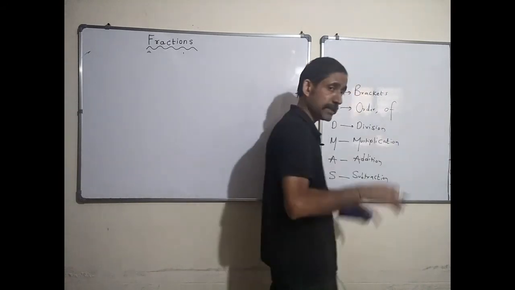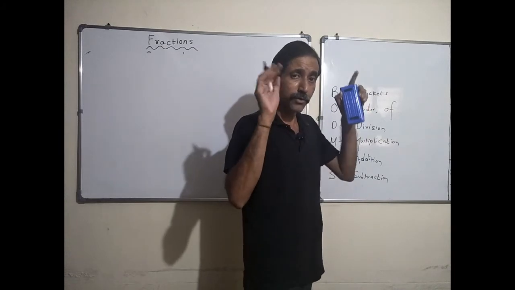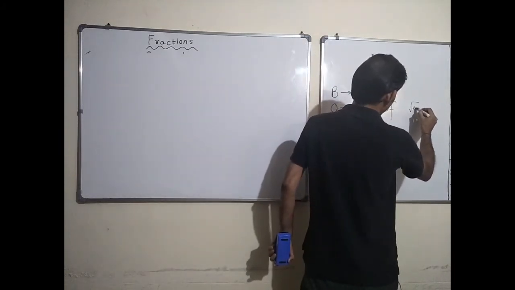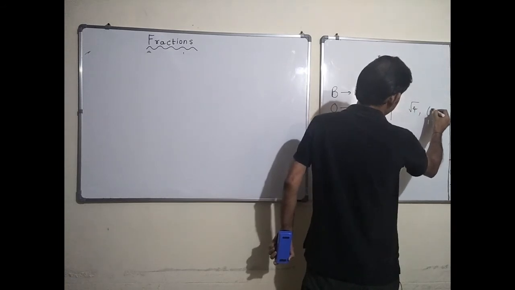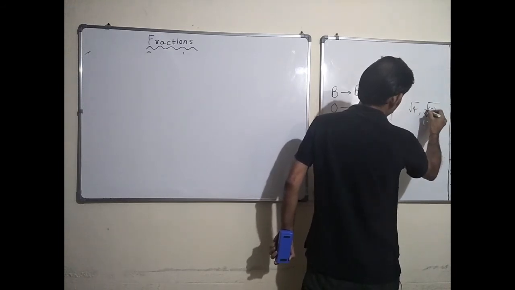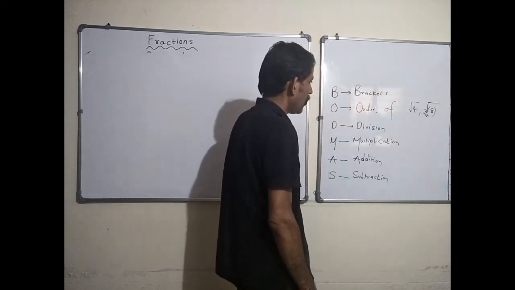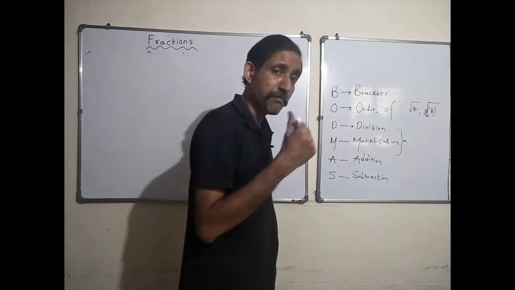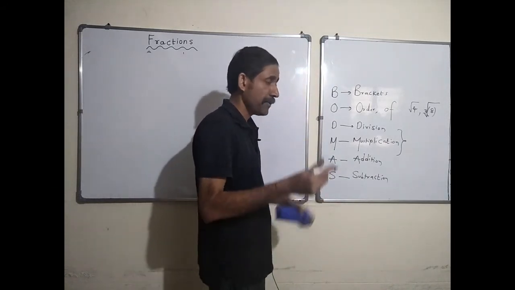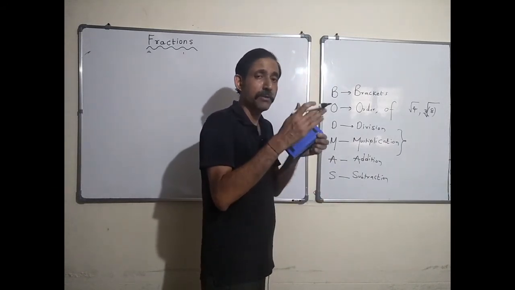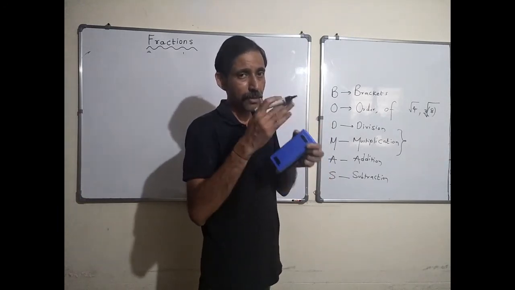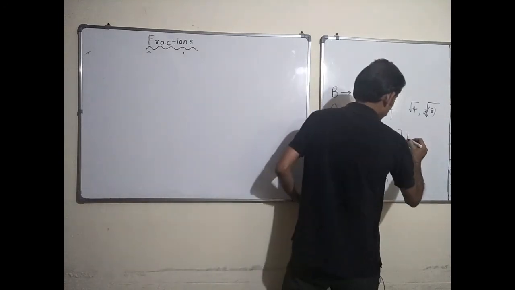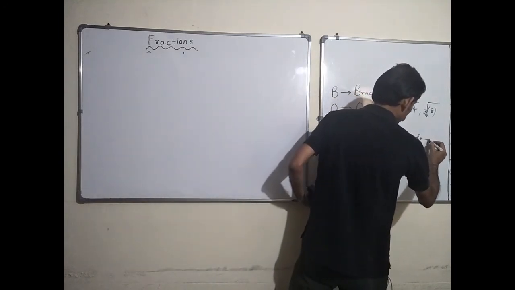Order is like square, cube, square root, cube root, something like this. Division and multiplication have the same priority. When division and multiplication exist in a mathematical expression, we evaluate from left to right. Left to right.